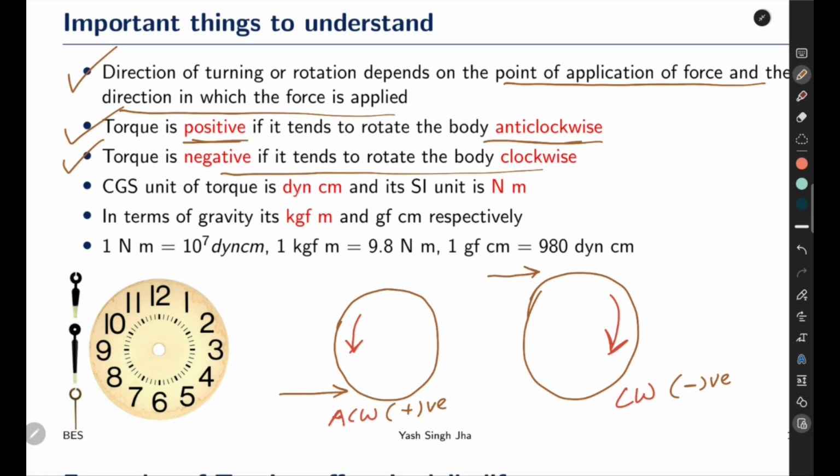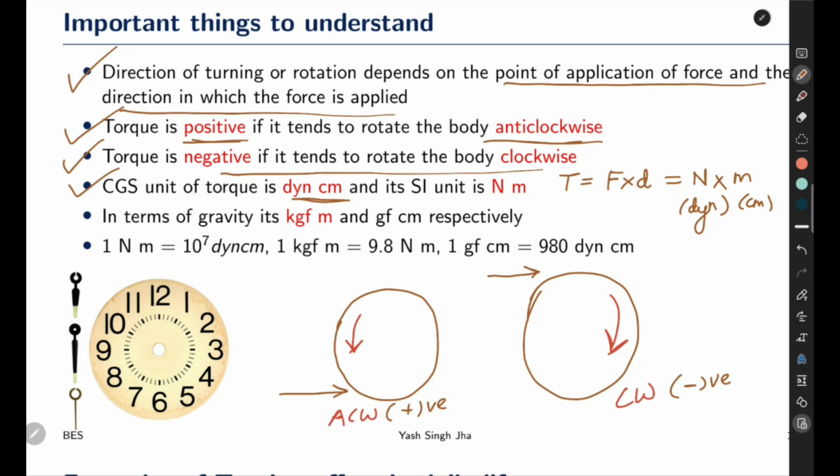Coming to units, the CGS unit of torque is dyne centimeter. Since torque is force times the distance between the line of action and the axis of rotation, force has the unit Newton, or dyne in CGS, and distance has meter, or centimeter in CGS.